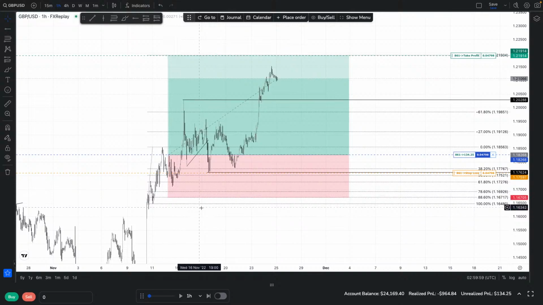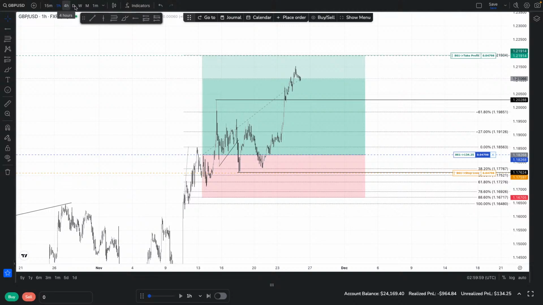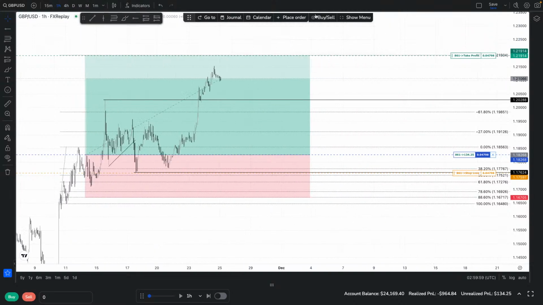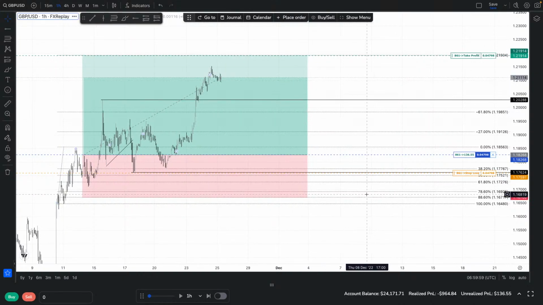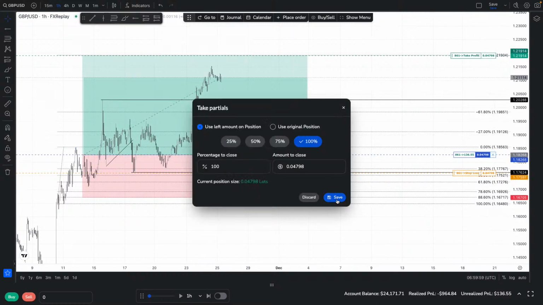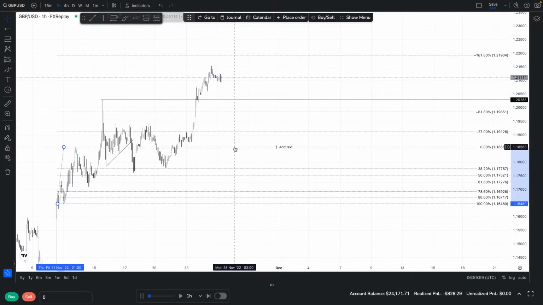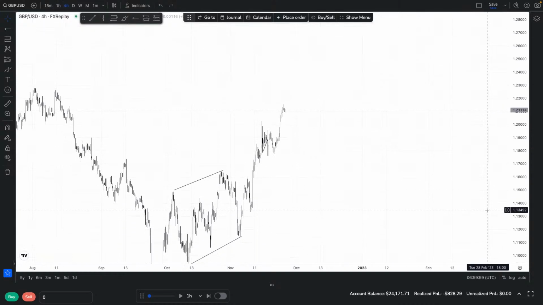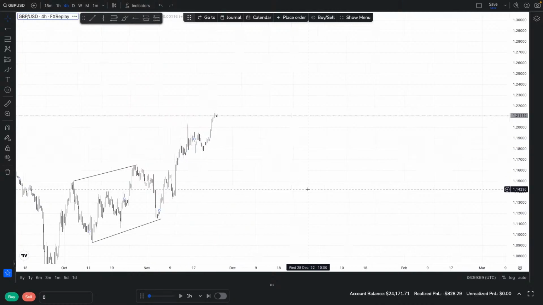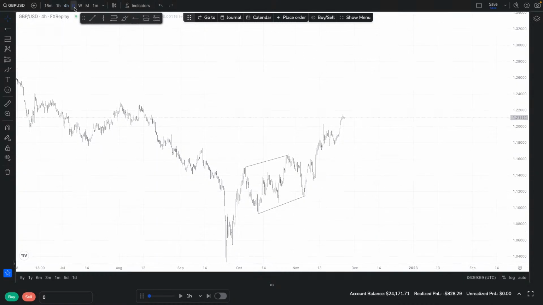Okay, so I think I'm gonna close the trade. Let me just look, right. Okay, let me just wait for the London session. Okay, so I'm gonna close the trade. And I want to see where we are on the higher time frame. Okay, so this has moved quite a lot.